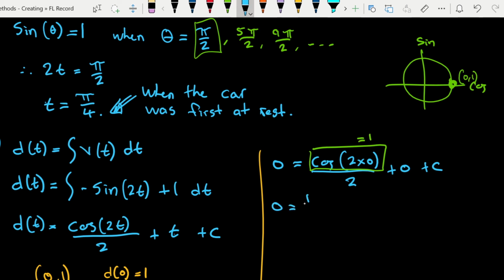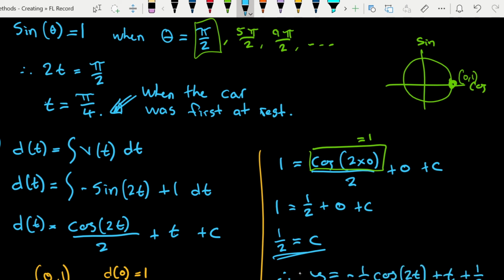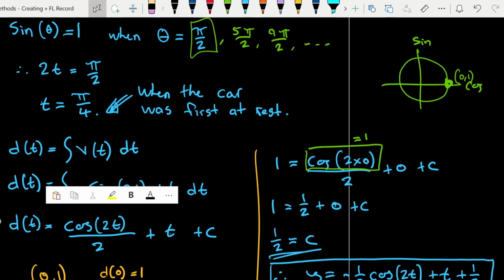Oh, it's not equal to 0, sorry, it's equal to 1, because d of 0 is equal to 1. My apologies. Plus 0 plus c, take away a half from either side. You get a half is equal to c. So therefore, you've got a function, and this would be the displacement function.